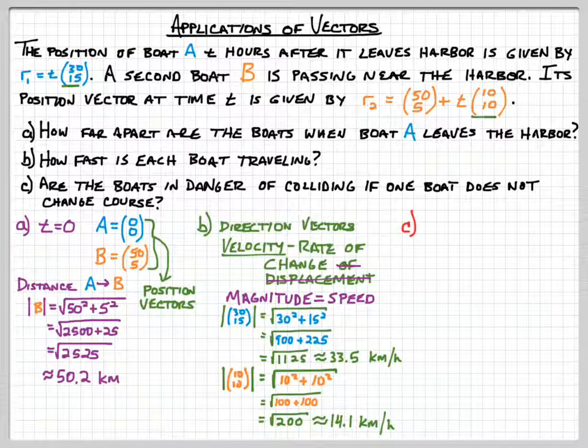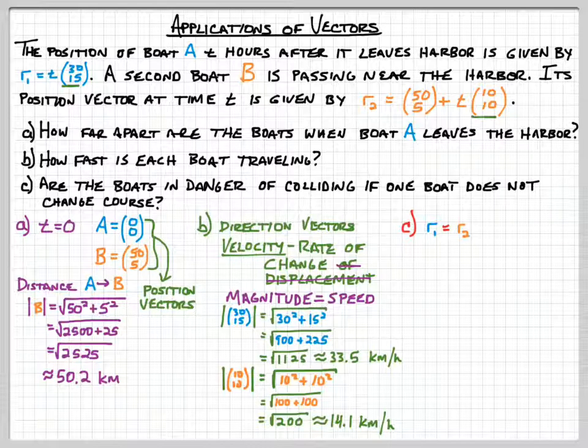Okay, so now C: are these boats in danger of colliding if neither of them changes course, based on the position of boat B and the position of boat A and the speed of A and the speed of B? Will they collide at some point? If this happens, then there will be a point on the equations of these vector lines, r sub 1 and r sub 2, where these two things are equal, and that would be where they collided.